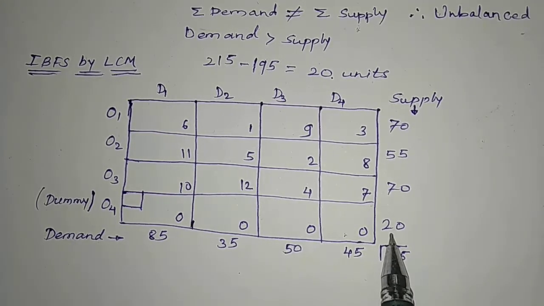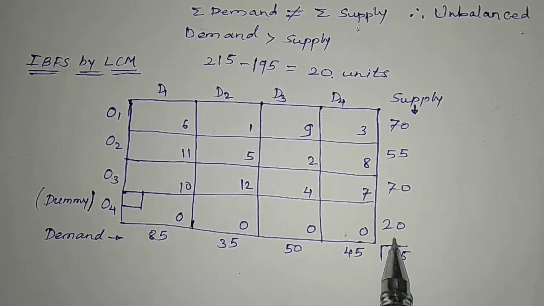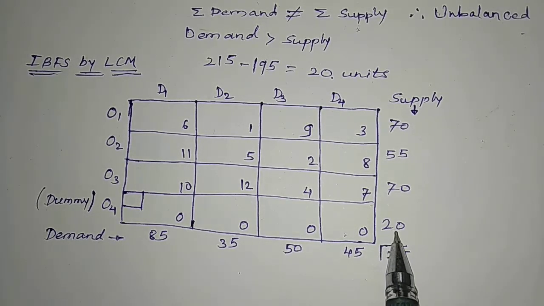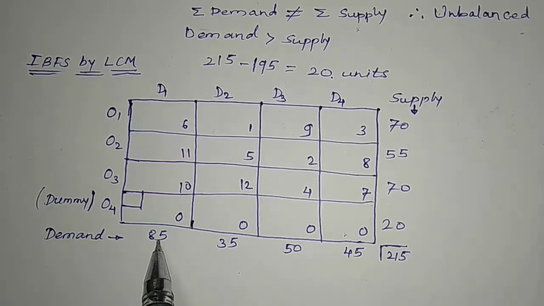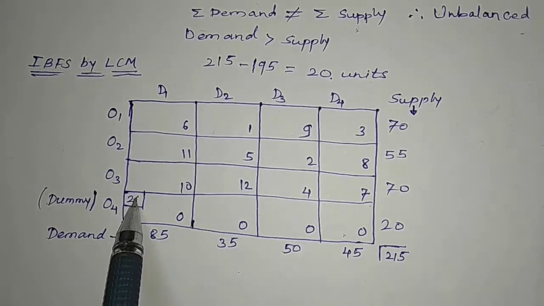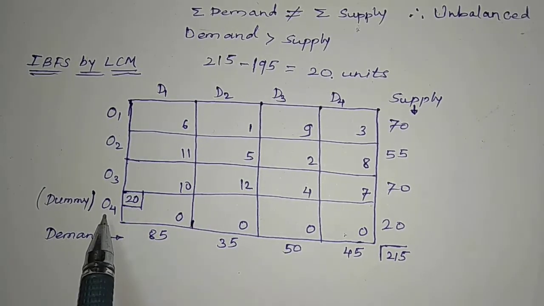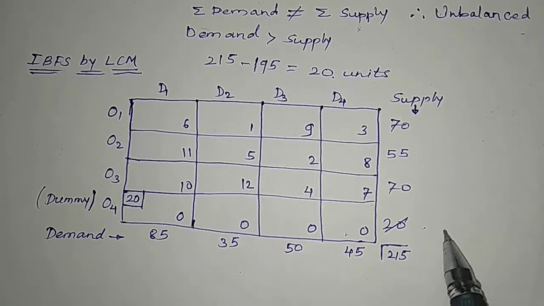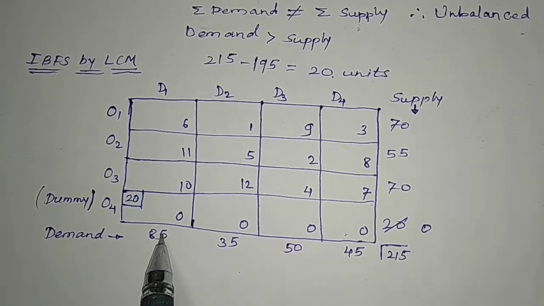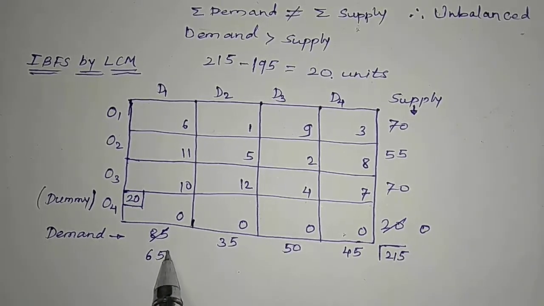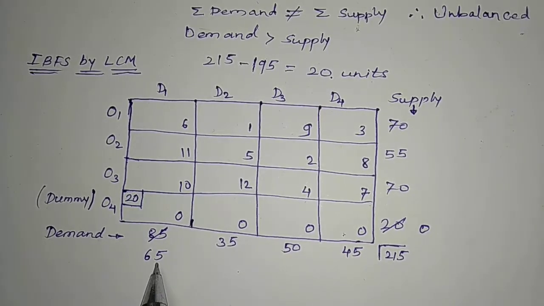We look at this origin's supplying capacity with respect to demand. Here demand is 85, but supply available is 20. Since demand is more, we allocate the lesser quantity. So 20 can be allocated from origin O4. Therefore the supplying capacity of origin O4 is exhausted now, and demand reduces by 85 minus 20, that is 65.